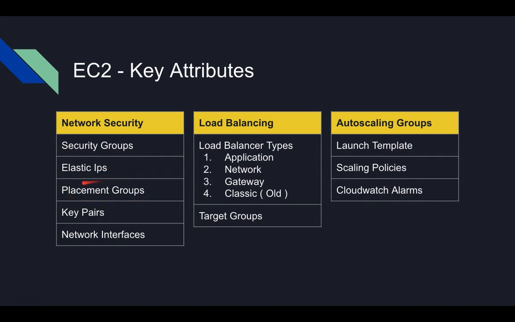Placement groups are used whenever you want to launch an application where your servers should have a high bandwidth connection with very low latency. At this point you place your servers physically side by side.